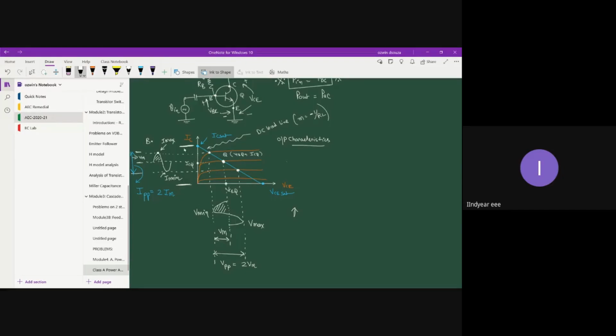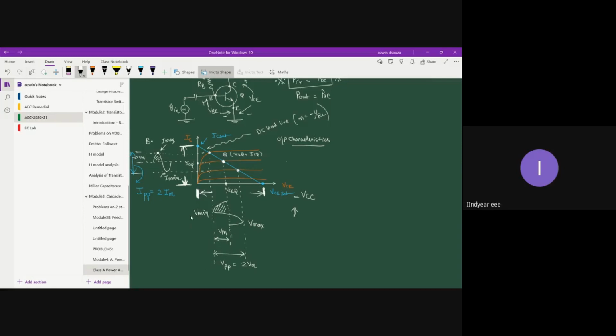So this should have been the maximum swing for the collector wave, and also along the x-axis, the limit for the maximum output voltage swing is between VCE saturation, which is VCC, and the origin point, which is at 0 volt level.